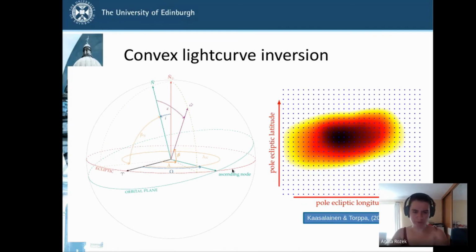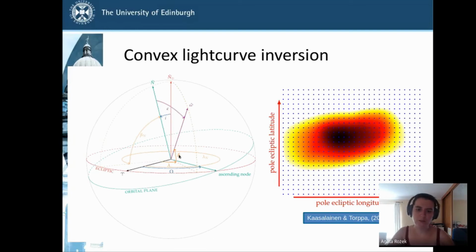in a plot that should be familiar to those of you who did a little bit of spherical astronomy during the camps. So we can see the plane of the ecliptic, and the green line is the orbital plane of the target. And the purple arrow here is the spin state orientation, the orientation of the rotational axis of the object.